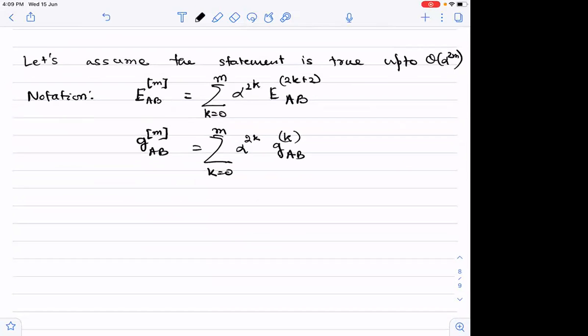Now the equation is true up to alpha to the 2m. So what does this statement mean here?